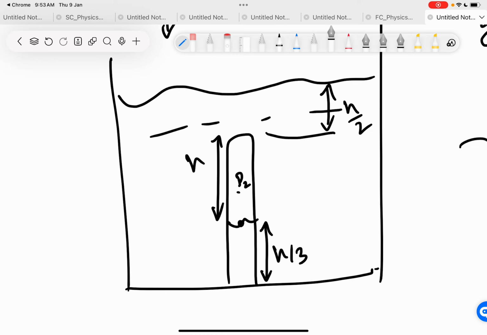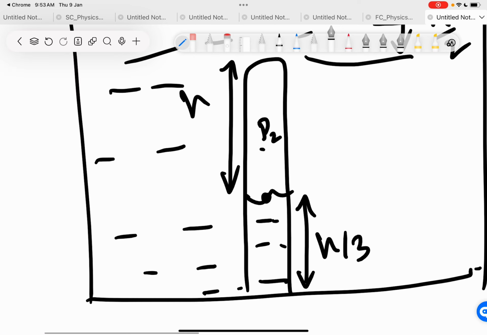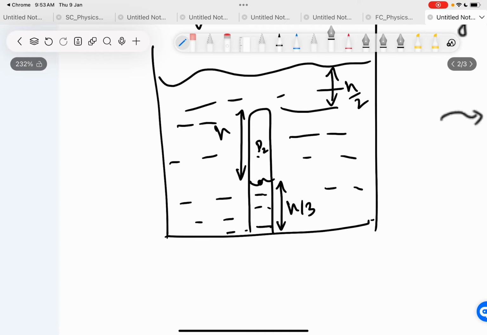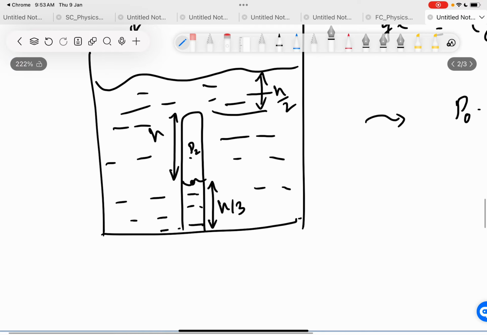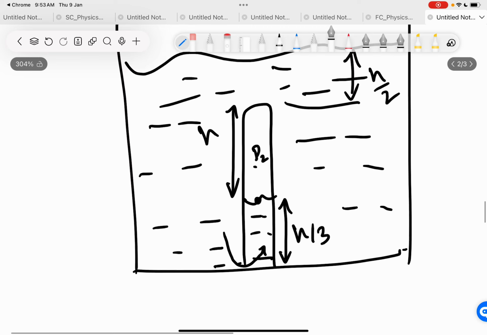The P2 is the same as the pressure over here, because you just have the same continuous liquid which is present inside this in the h by 3 length as well as outside. So over here also you have the same density of the mercury, the same which permeates over here. In this region alone there is this air which is present over here, right? That's the only difference.